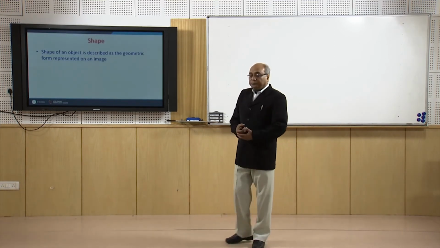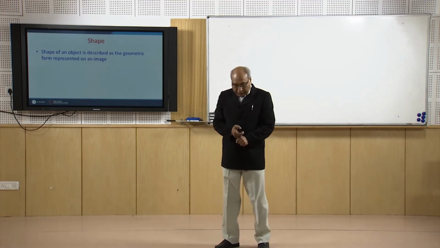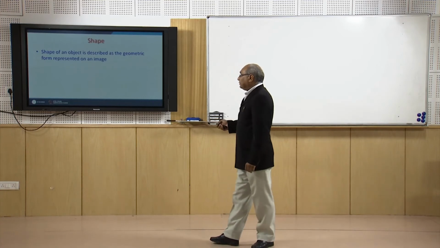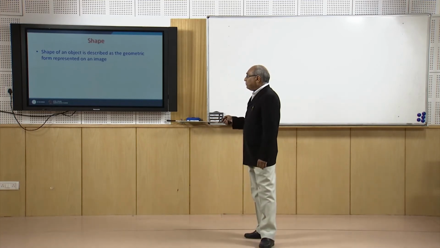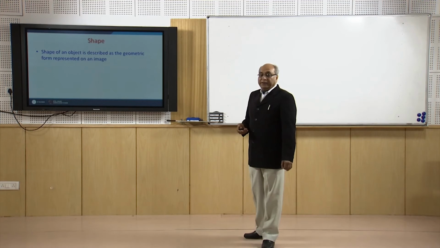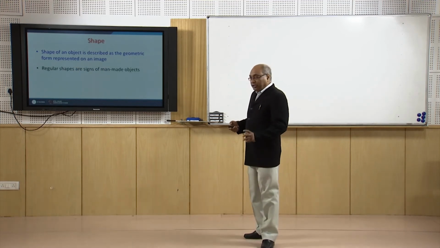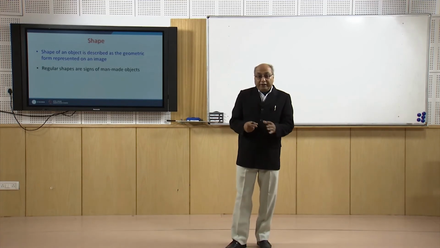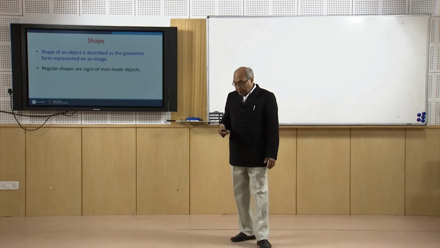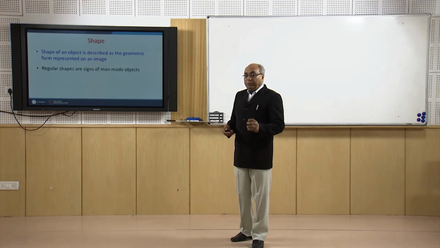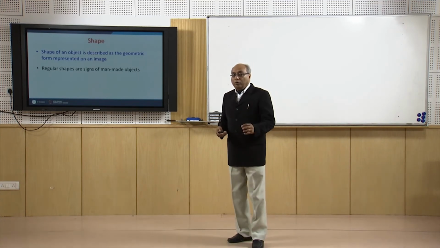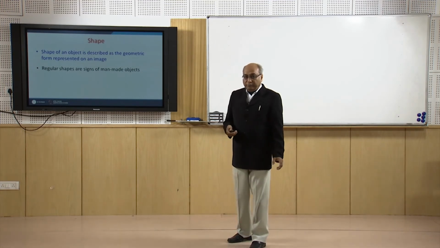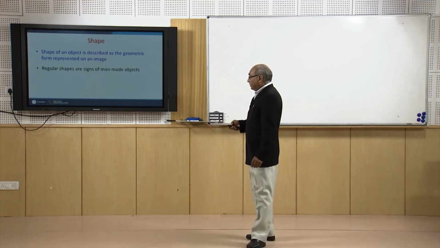The third one in this series of keys of image interpretation is the shape. That is, the shape of an object is described as the geometric form represented on an image. Again, shape may be a little different depending on the spatial resolution. So before making an interpretation, one must know the spatial resolution of the image on which the interpretation is being made, especially on digital images.